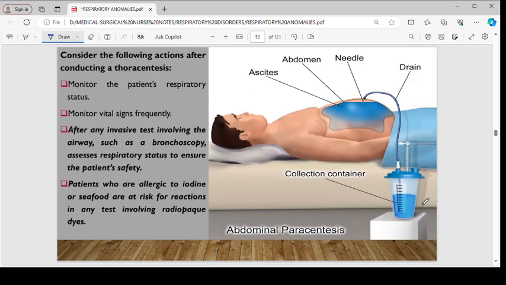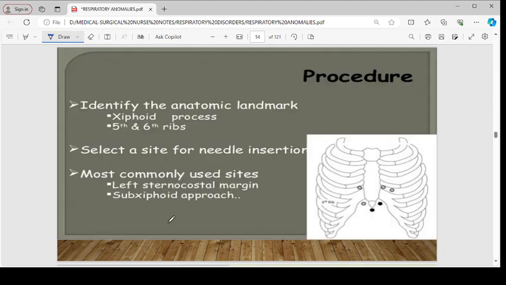During the procedure, you have to monitor the patient's respiratory status and vital signs, and after any invasive tests involving the airway, such as bronchoscopy, assess the respiratory status to ensure the patient's safety. And patients who are allergic to iodine or seafood are at risk of reaction, so you have to be aware of that.